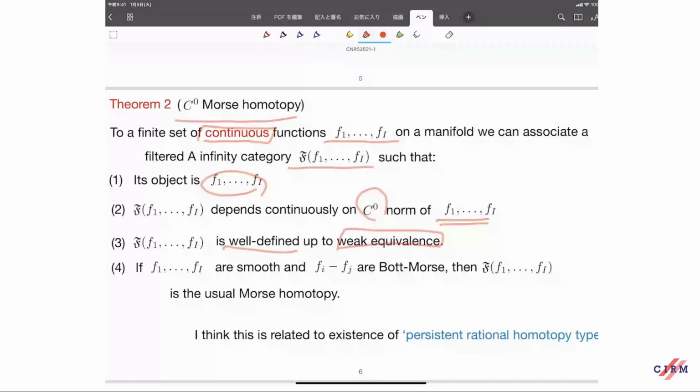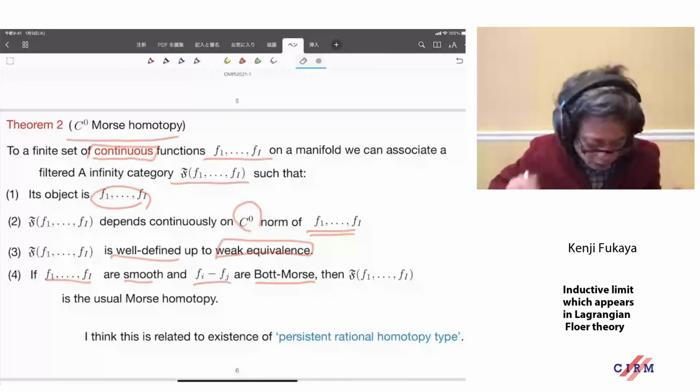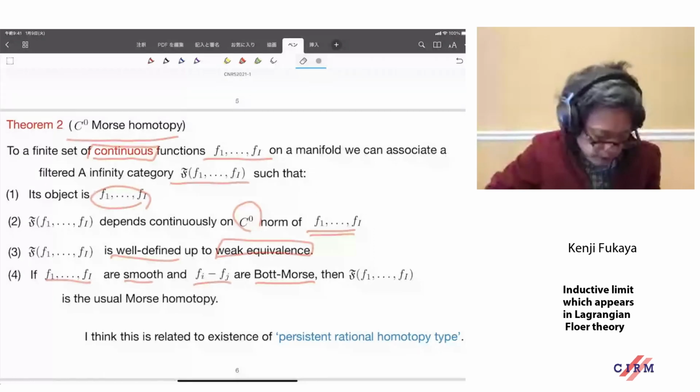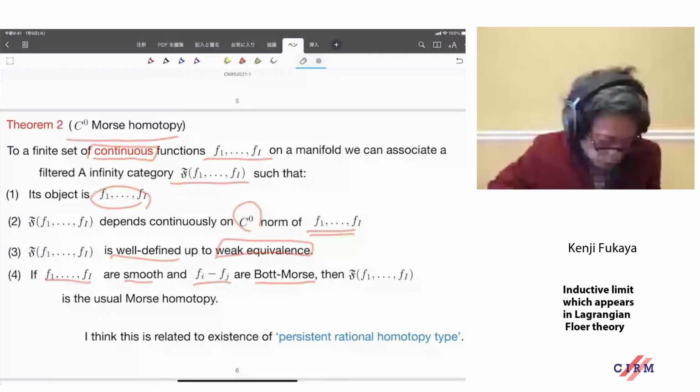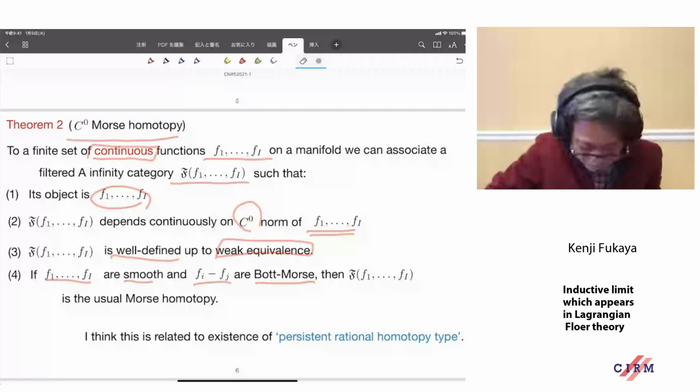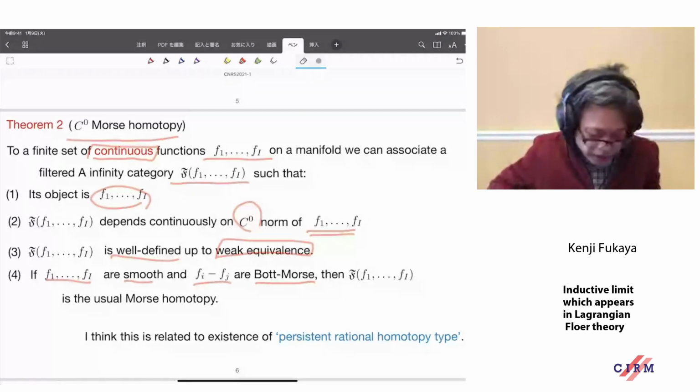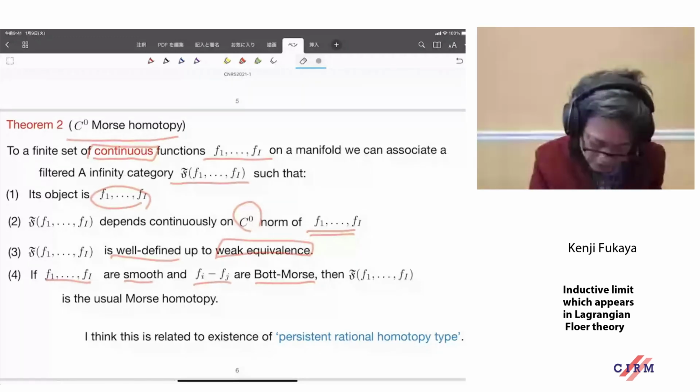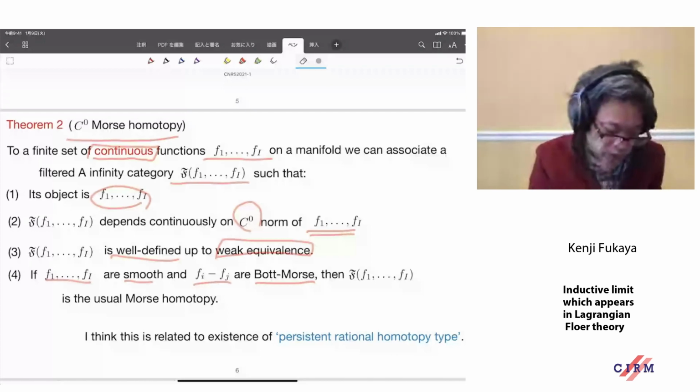In the case when all these functions are smooth and the differences are Morse, then there is something called Morse homotopy, which I studied in the 90s. This kind of limit is related to something called persistent homology.